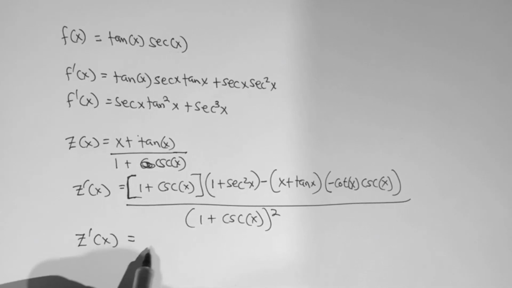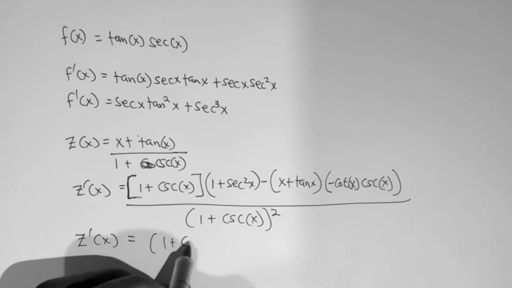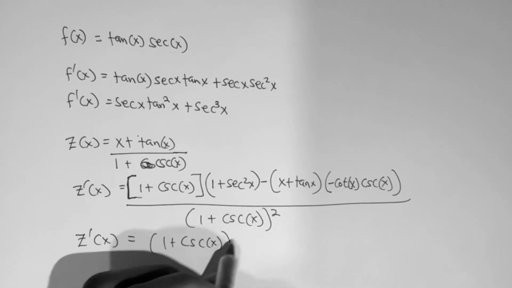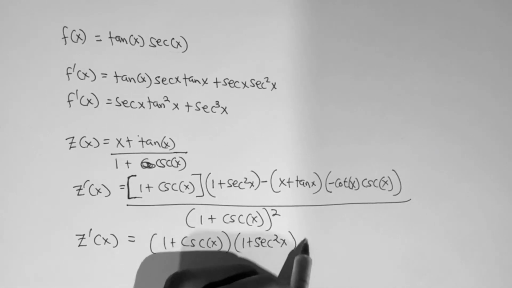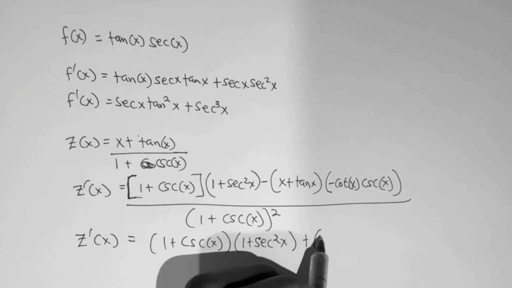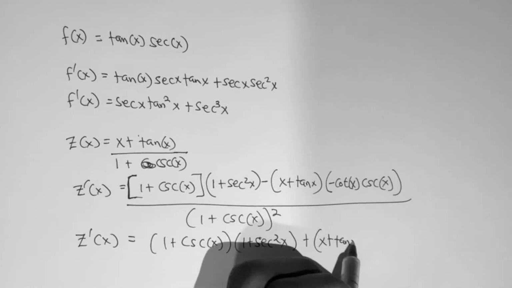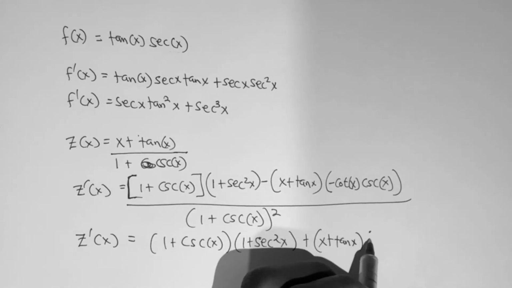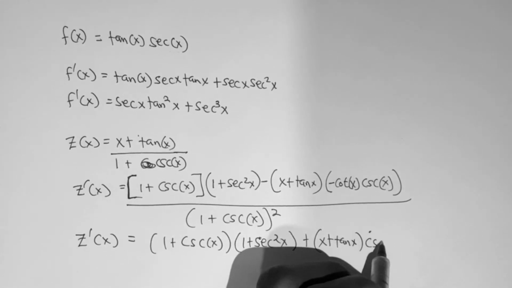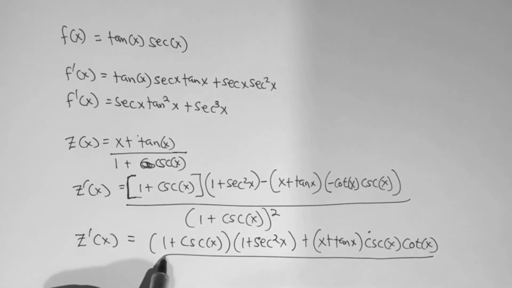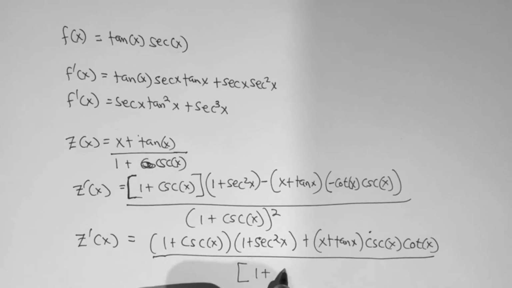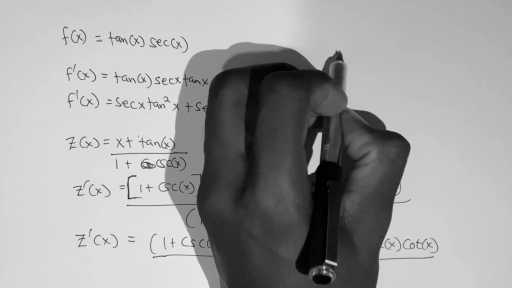So at the end of the day, it becomes in brackets 1 plus cosec x, times 1 plus sec squared x, plus in brackets x plus tan x, sec x cosec x cot x, divided by in brackets 1 plus cosec x, all squared.